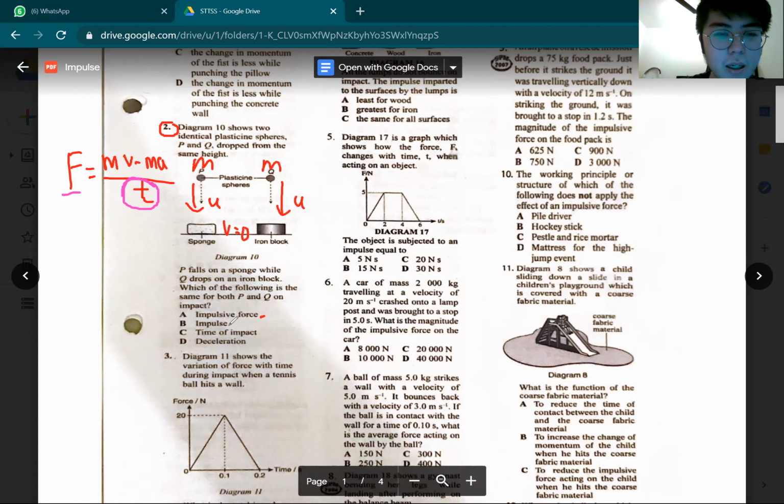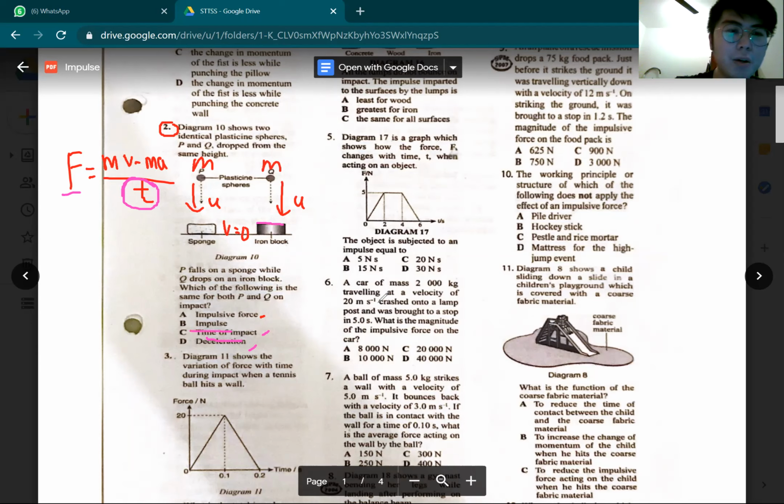Okay, now let's skip B first. Look at C, the time of impact, yes, also out. D, deceleration. Deceleration also not the same, right? So the harder surface, iron block, will give a faster, greater deceleration. So the answer left is just B.